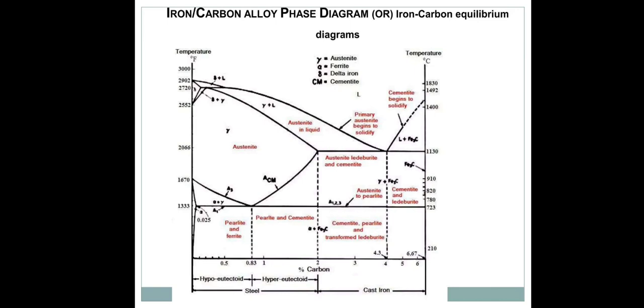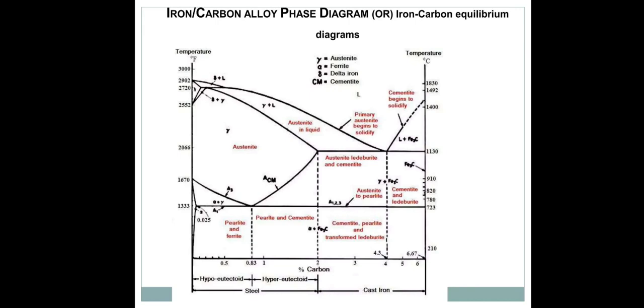The iron carbon carbide Fe3C phase diagram is shown in the picture now. This phase diagram presents the phases present at various temperatures for very slowly cooled iron carbon alloys with up to 6.67% of carbon content on the x-axis.